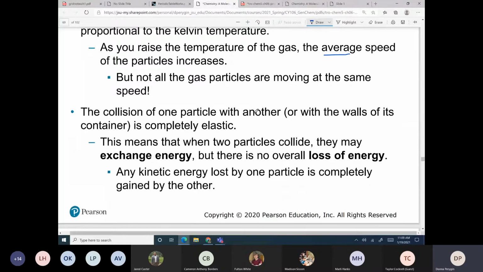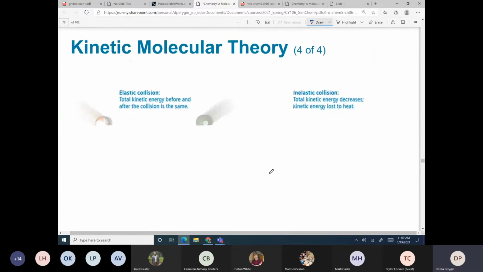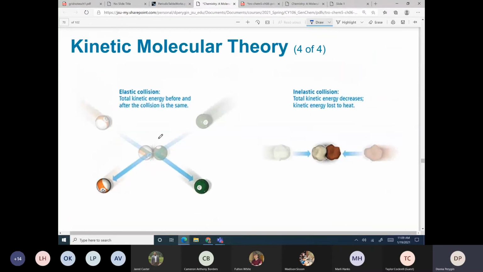The collision of one particle with another is completely elastic, which means that they may exchange energy, but there's no overall loss of energy. Any kinetic energy lost by one particle is completely gained by the other particle. So in an elastic collision, if they bounce into each other, we don't lose energy. They just transfer the energy to one another.